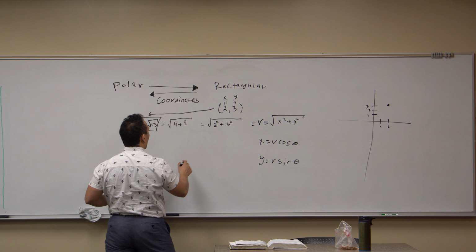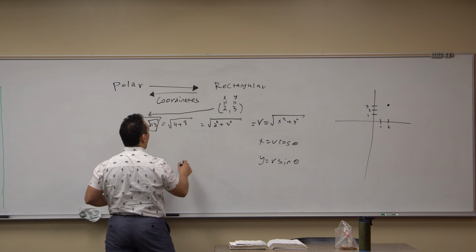Root 13 sine of theta divided by root 13 cosine of theta. But the root 13's cancel. So now I get 3 over 2 is equal to the tangent of theta. Now, in order to find theta, all I got to do is do the tangent inverse of both sides. So theta is equal to tangent inverse of 3 over 2. And whenever we plug that into our calculator, we will be able to determine what the tangent inverse of 3 over 2 is.